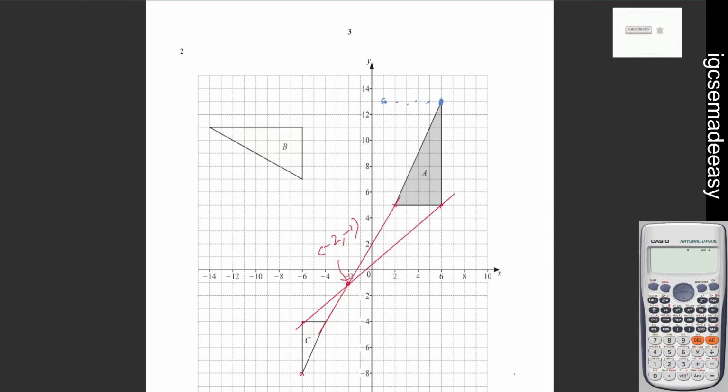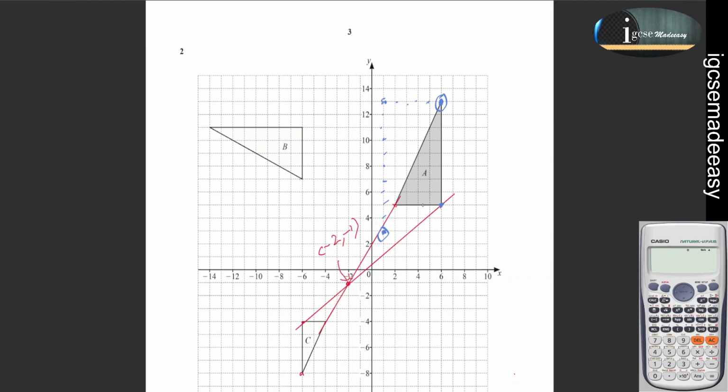Now it has to be shifted down also 10 units. So 1 2 3 4 5 6 7 8 9 10. It means this point comes over here, right? And this is the first point, we got it. And the second point, this point also has to reach -5 and -10.